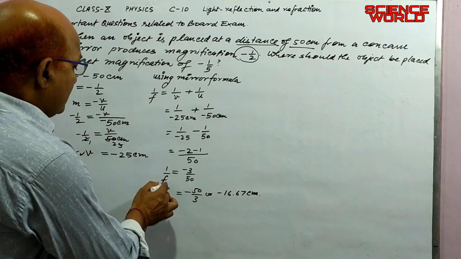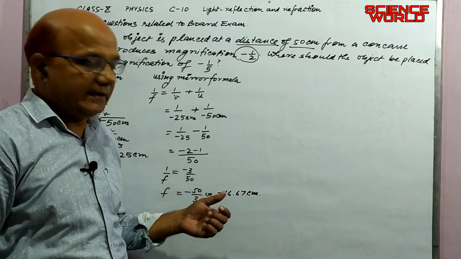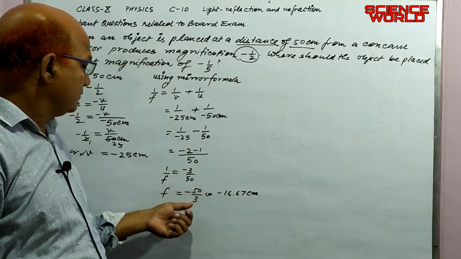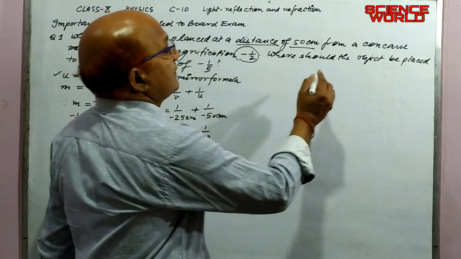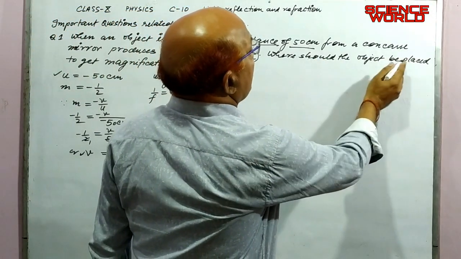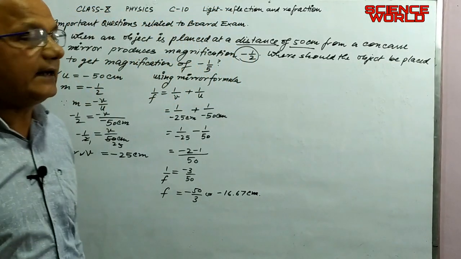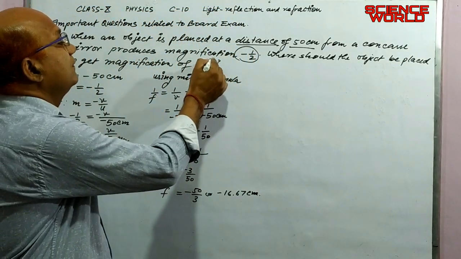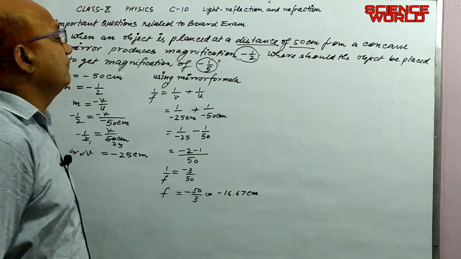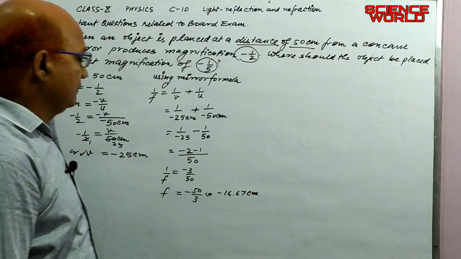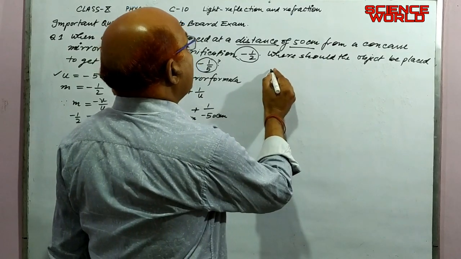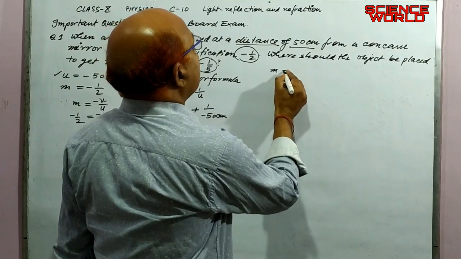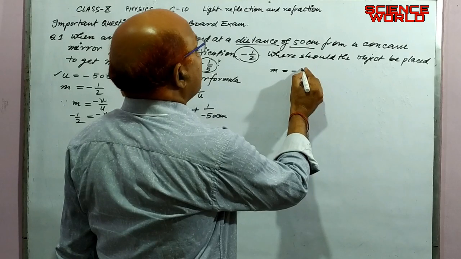So, now you have found out focal length of the mirror. Now, the question is, where should the object be placed to get magnification of minus 1 by 5. So, again magnification is minus 1 by 5.